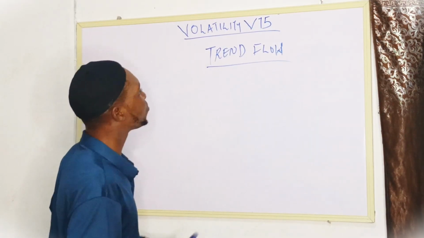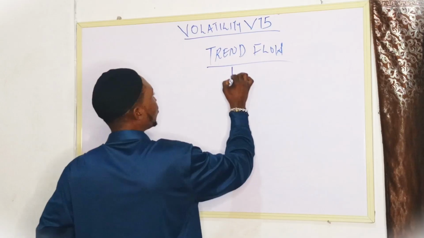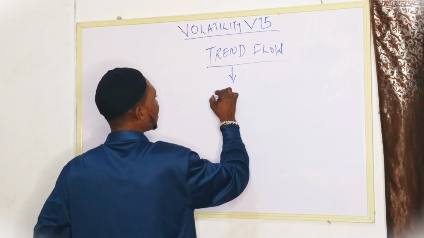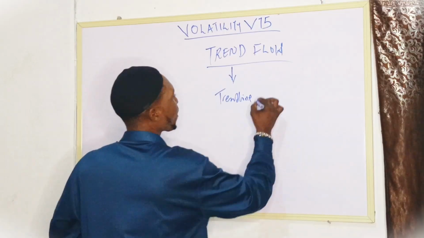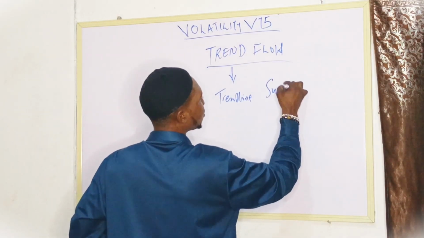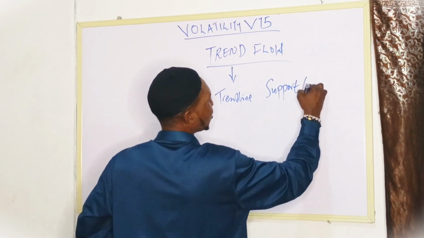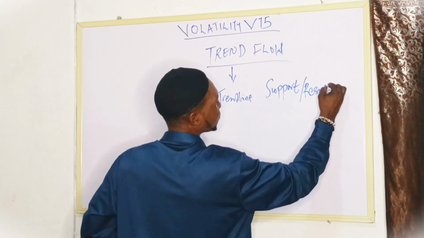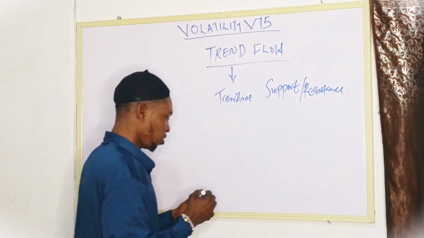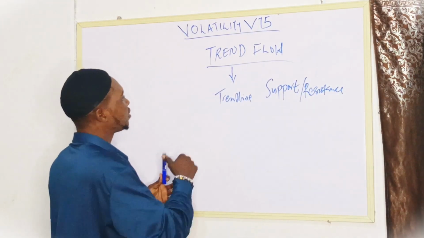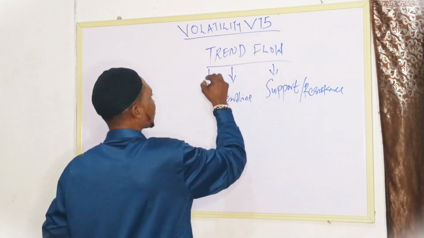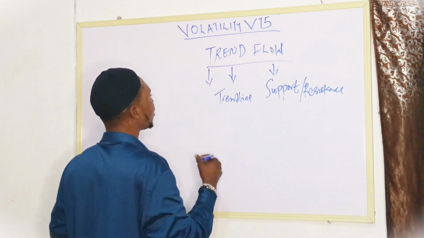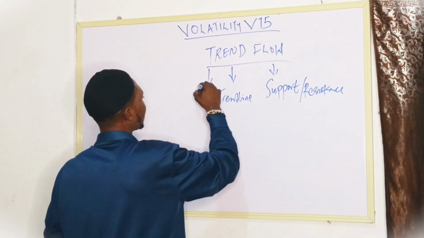So trend flow comprises of trend line, support and resistance. And just to add to trend line, let me put market bias.